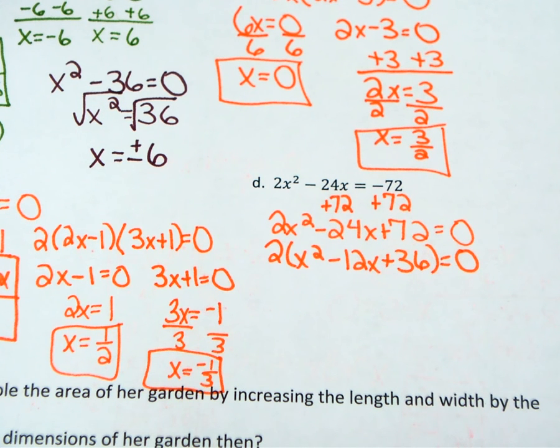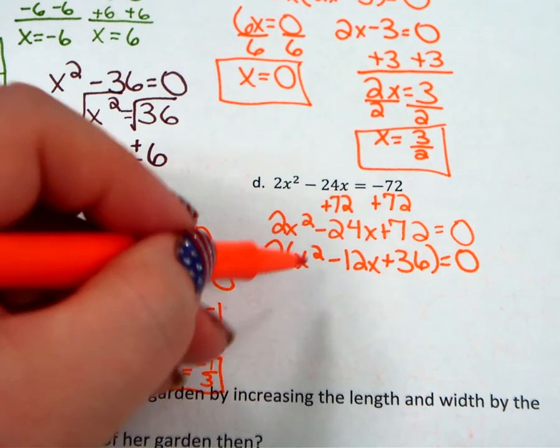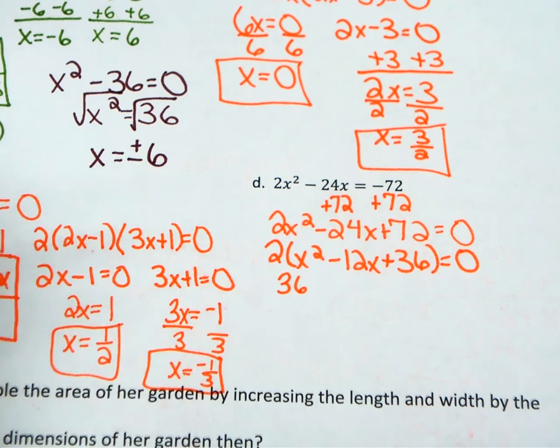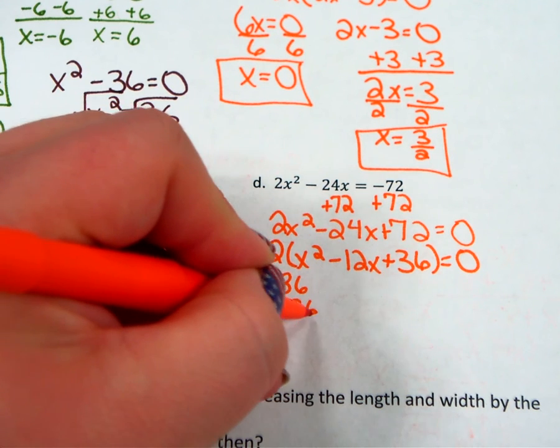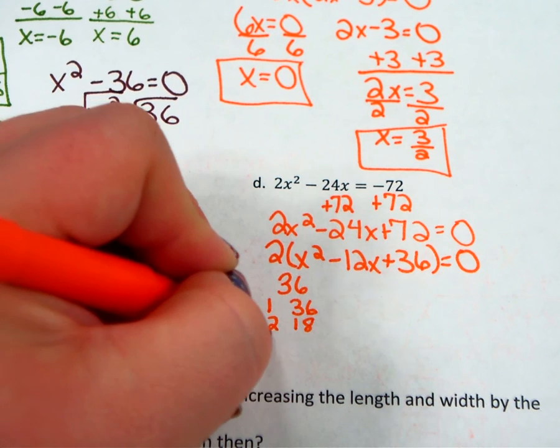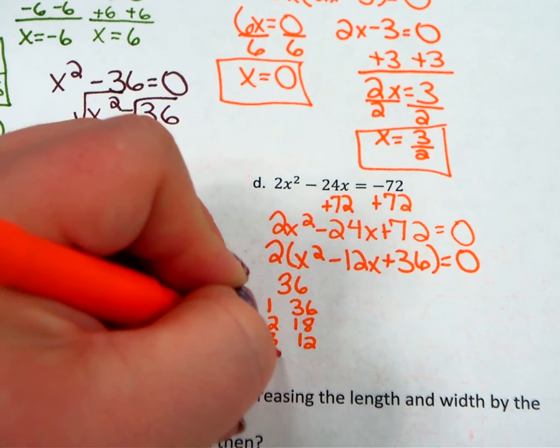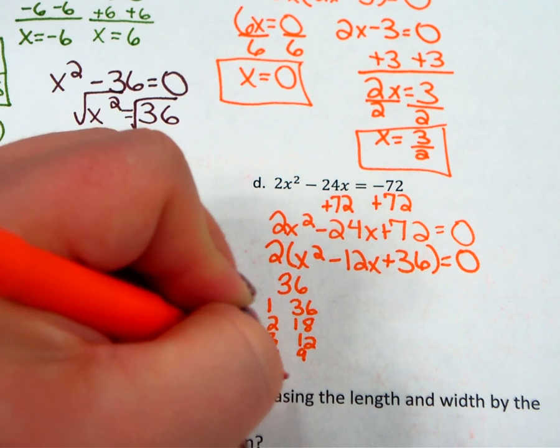So the inside of those parentheses is what I'm going to use for my box method. A times c is 36. Factors of 36, 1 and 36, 2 and 18, 3 and 12, 4 and 9, 6 and 6.